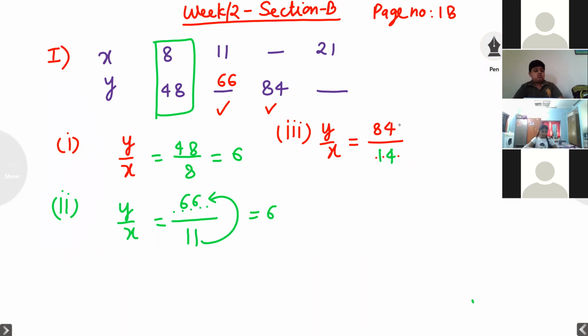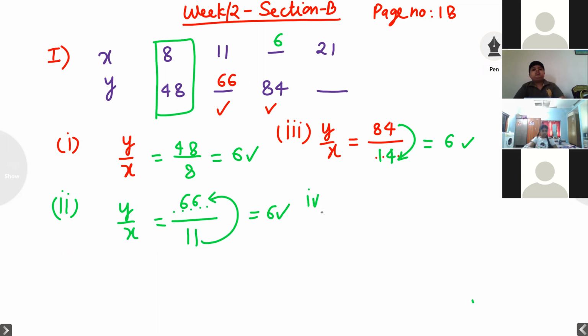Now 84 divided by 14 is equal to 6. This answer I got, 6. You are observing that in direct variation we are getting Y by X is equal to 6.